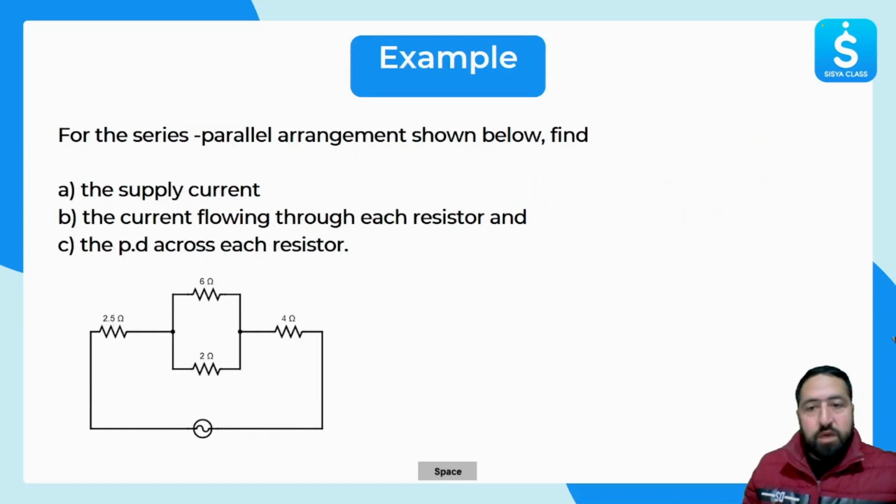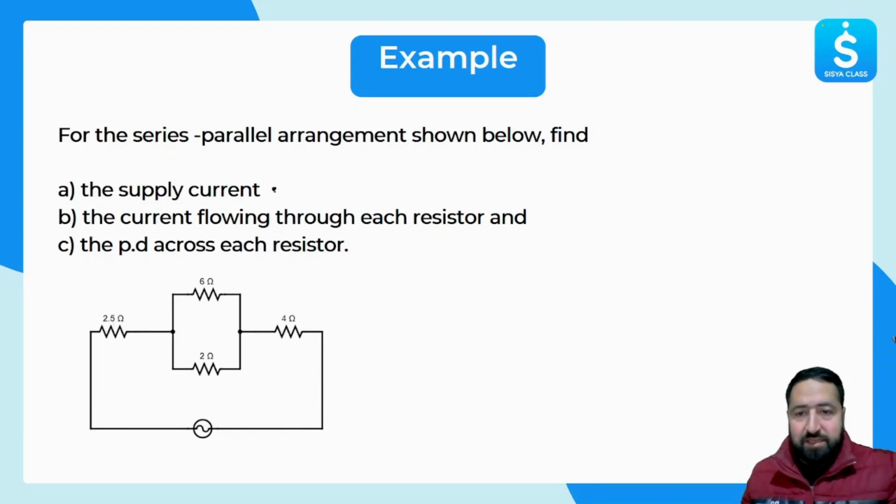Now let's do one question. The question says that for the series-parallel arrangement shown below, the circuit has been given. We are being told that we need to find three things. What are the three things? First, the supply current, that is the current flowing through this.